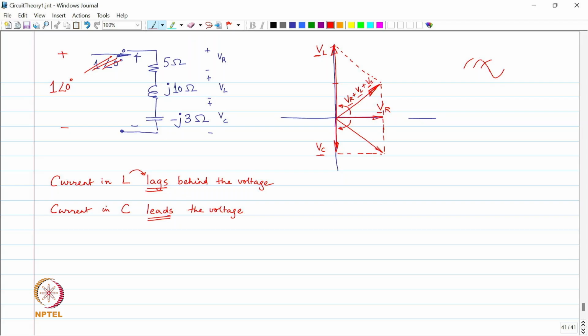Okay. What do you have to remember? You have to remember that inductor current always lags behind, right. Why does it lag behind? Because it starts with the letter L. Inductor is L, L stands for lazy, right.